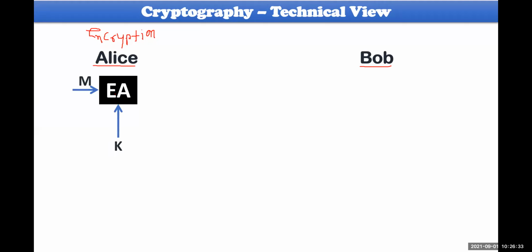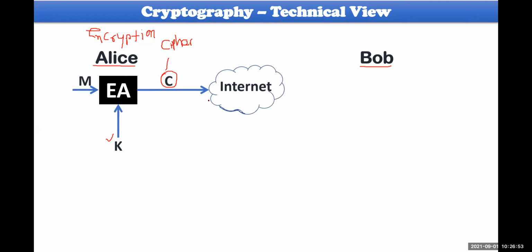To perform this particular encryption algorithm, we need a key. After this, a message is generated which is called C. The C means ciphertext.